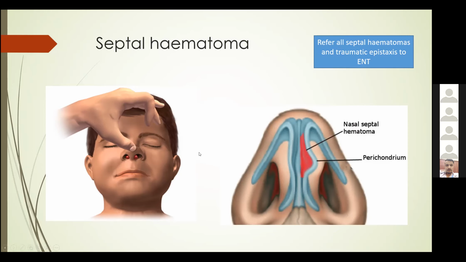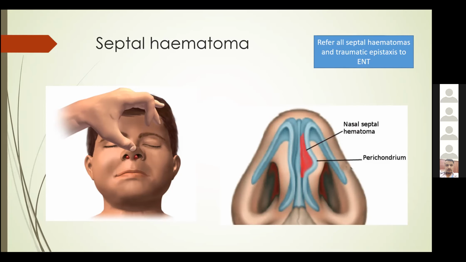So septal hematoma is an ENT emergency, and you should be able to recognize it. Traumatic epistaxis, please don't send the patient home if the bleeding is settled. Make sure that they've got ENT review.